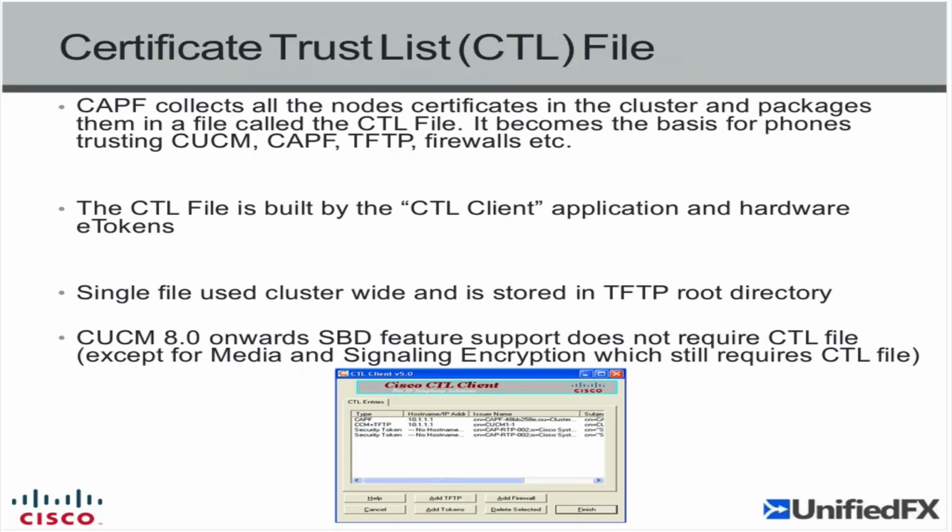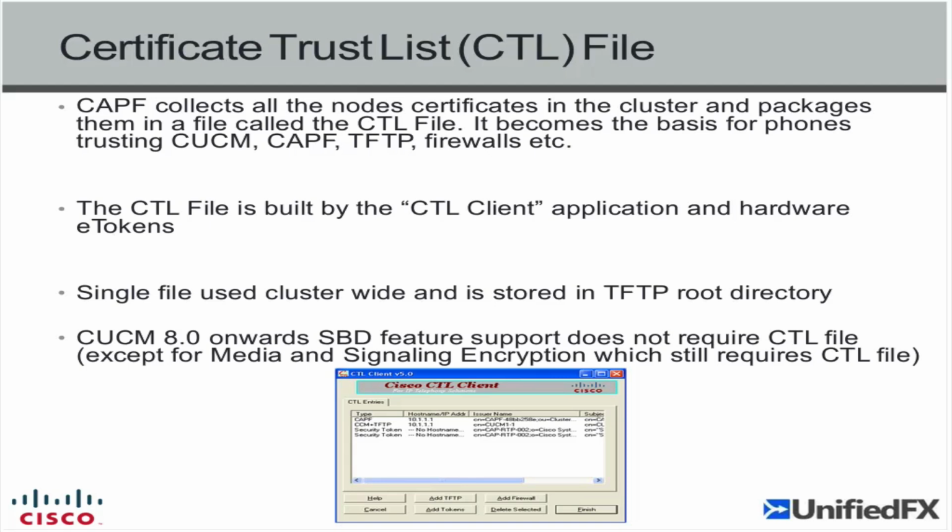This file is pretty much the crux of what you just did with the CTL client and the USB e-tokens. It's a compilation of all the members in the cluster, whether that's a firewall, a TFTP server, a call processing server or an MOH server, irrespective of the role of the server. Every server's details are captured in the file, the right signatures are in the file, and that file is downloaded on the IP phone when it tries to register with Call Manager.